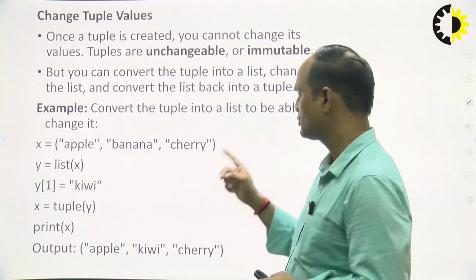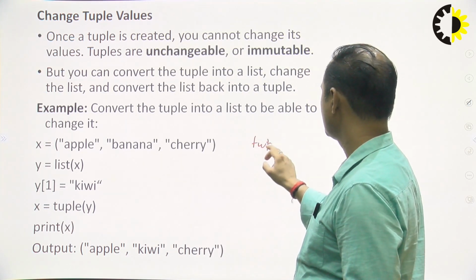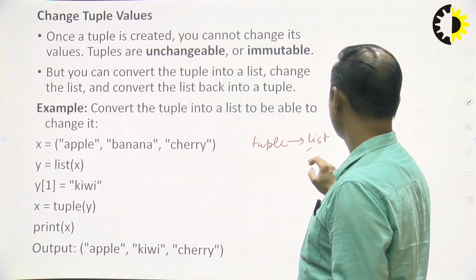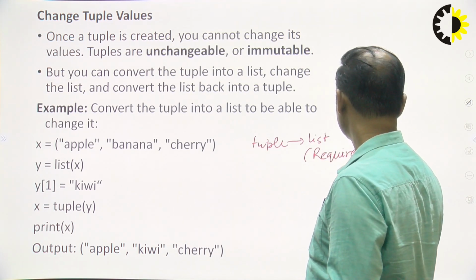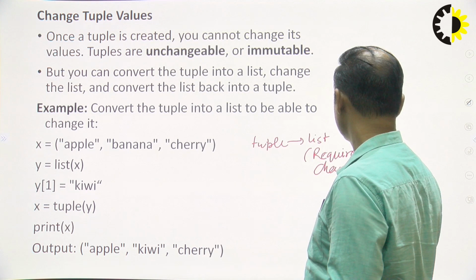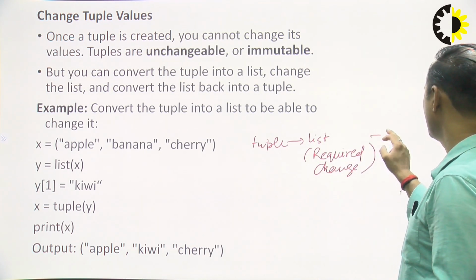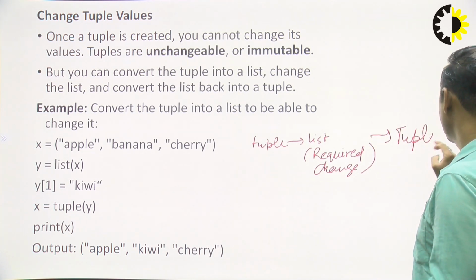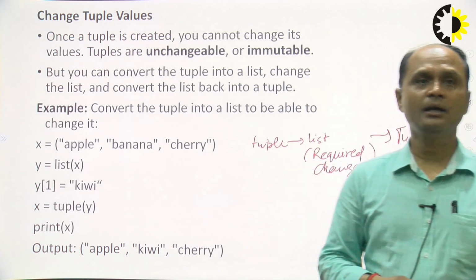That means three steps can be carried out. First, we change the tuple to a list. Then we perform the required changes. After the required change, we convert the list to a tuple. This is the procedure we follow to change tuple values.